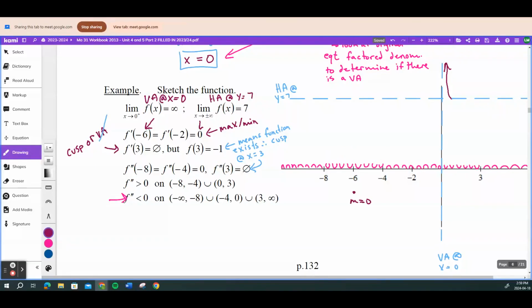We're also told that at x is equal to -2 we have a max or min. And if I look at this section here, it's concave down, so that means there's going to be a maximum. So I'm going to put my point where slope is equal to 0 higher up, just so that it's easier to draw.